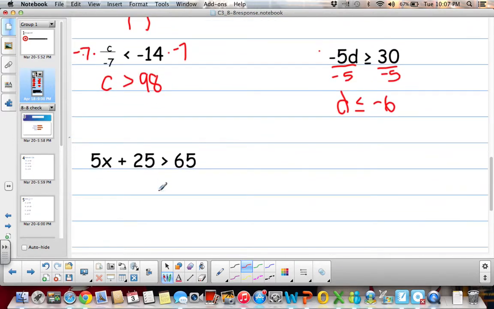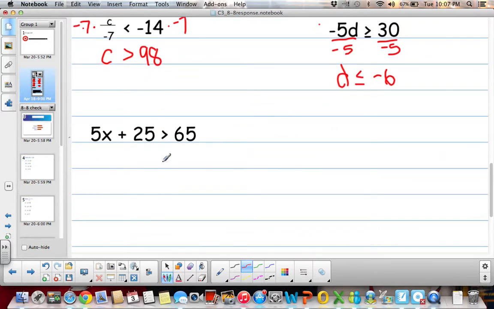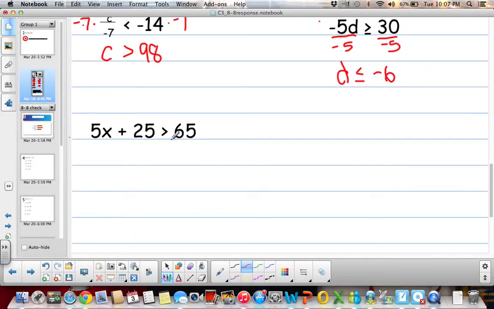Okay, 5x plus 25 is greater than 65. So I'm going to draw my railroad tracks. We think of this exactly like an equation. We want to get rid of everything furthest away or disconnected from our variable first, which would be this 25. So because we are adding 25, we're going to subtract 25 from both sides.